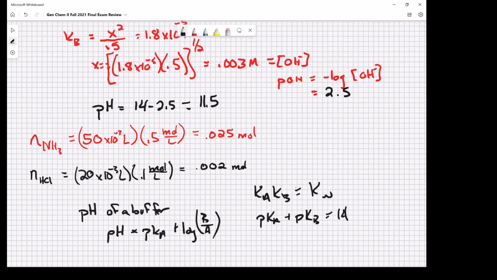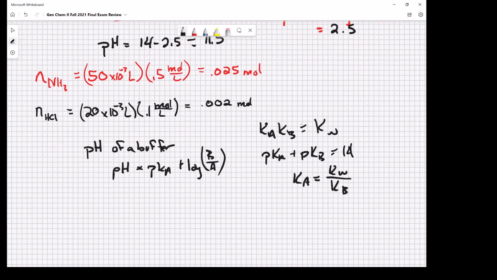But let's go ahead and calculate Ka, because we have Kb written directly up there. So Ka will be equal to K water divided by Kb. My Ka will be equal to 1 times 10 to the minus 14, that's K water, divided by 1.8 times 10 to the minus 5.